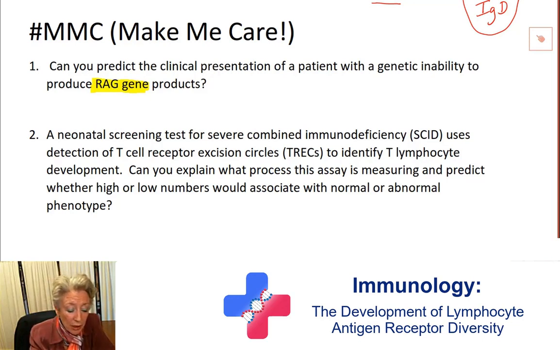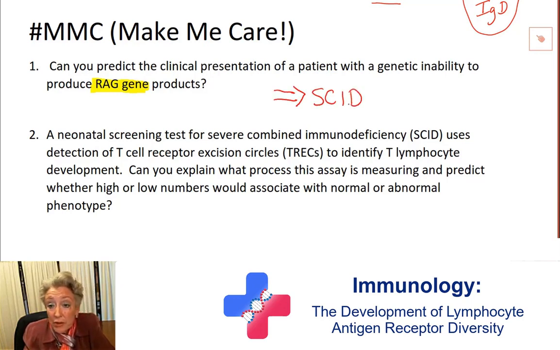So this quite clearly, I think you can see, would result in a severe combined immunodeficiency. This is the classic bubble baby that can only be dealt with by bone marrow transplantation to reconstitute the ability of cells to do this. So this is a very dire immunological problem.